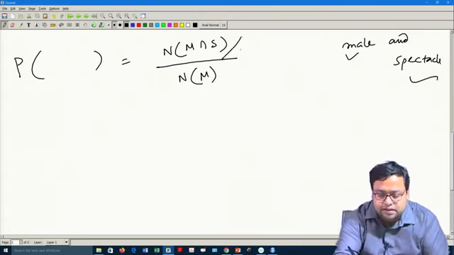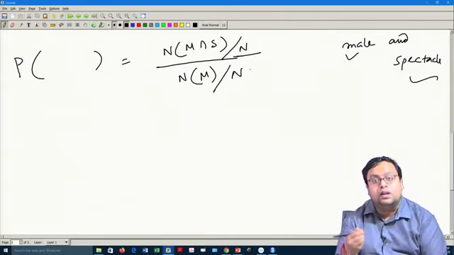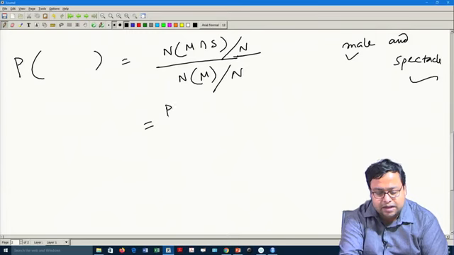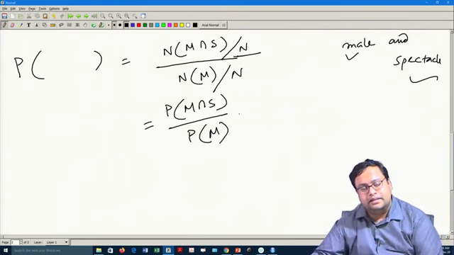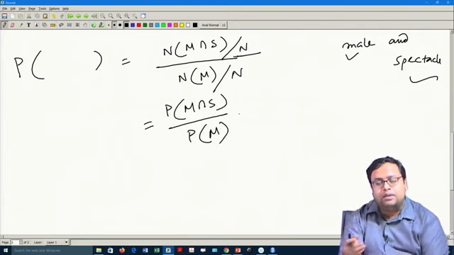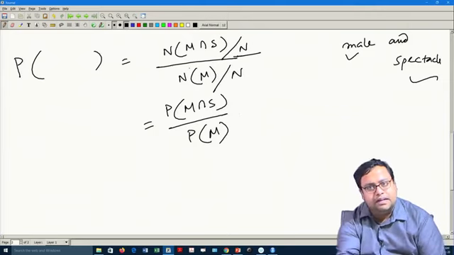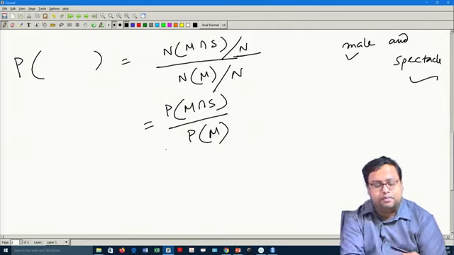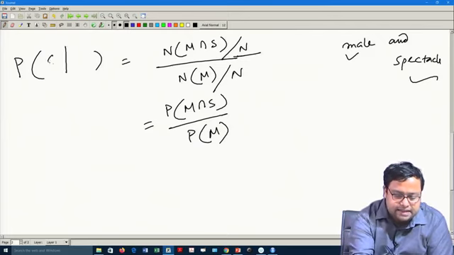Now, if I divide both numerator and denominator by 13, which is the total number of persons, the value remains the same. So, the numerator becomes P of m and S, and the denominator becomes P of m, and this whole thing we call P of S given m.